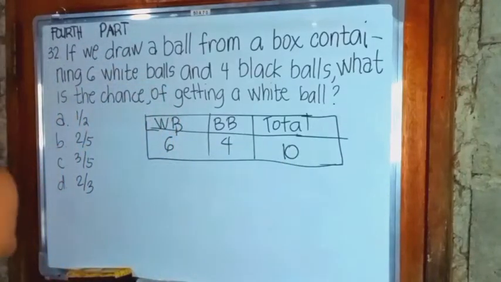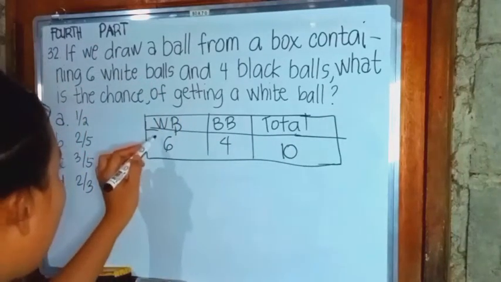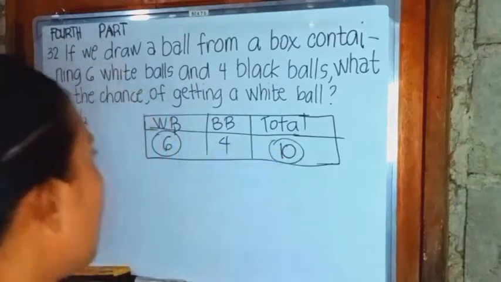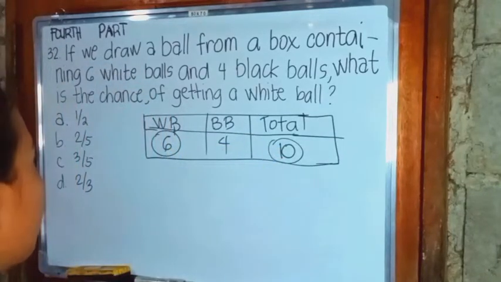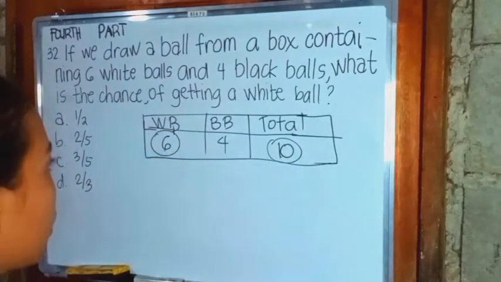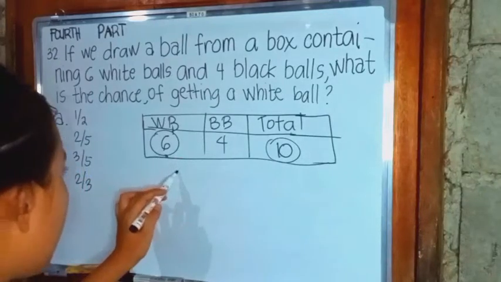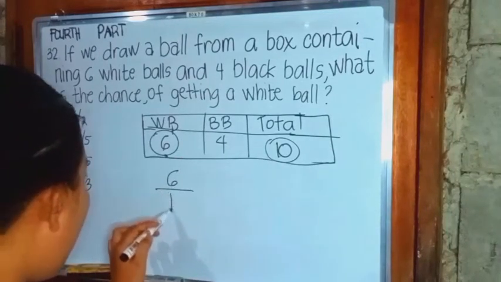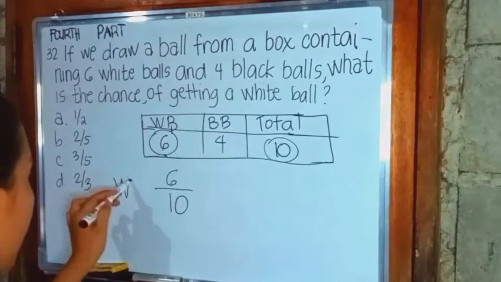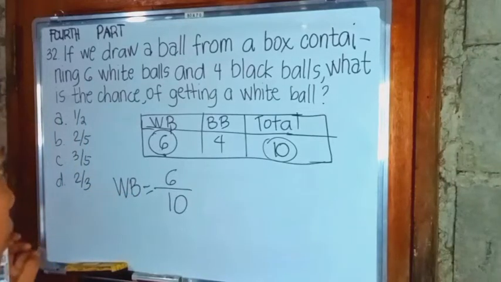Now, what is the chance of getting a white ball? White balls are 6, right? The total is 10. So what is the probability of getting a white ball out of 10 balls? There are 6 out of 10 probability that a white ball will be drawn from the box.